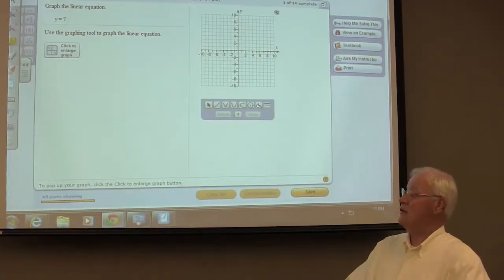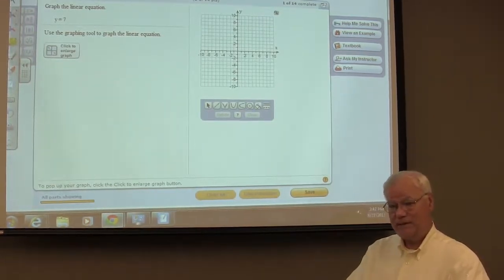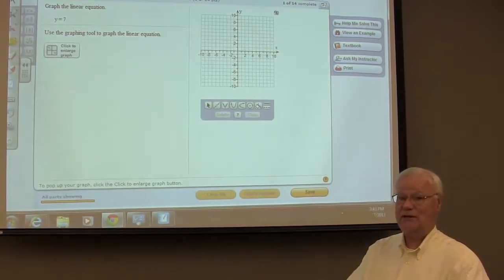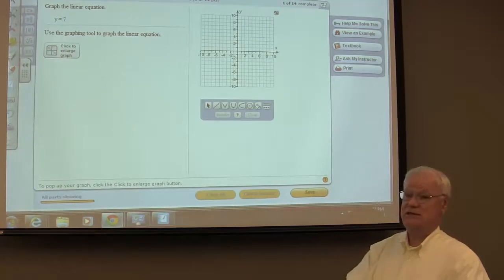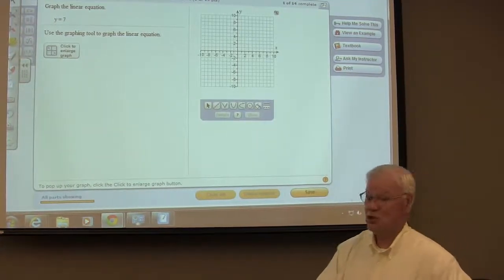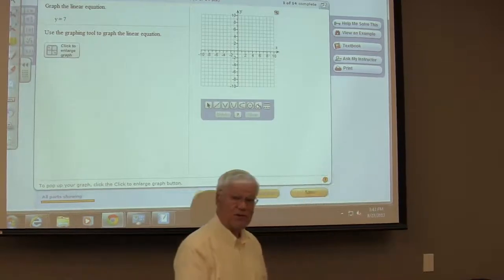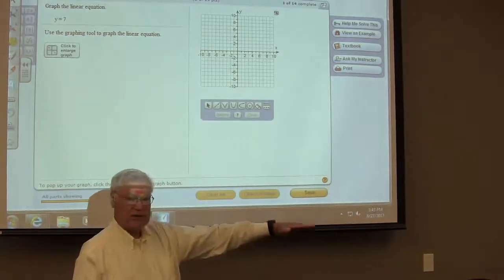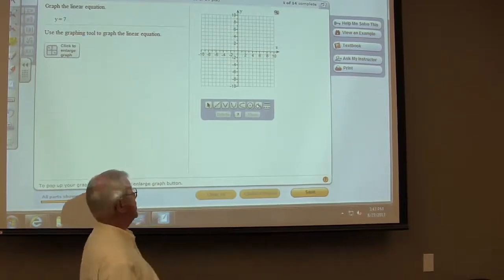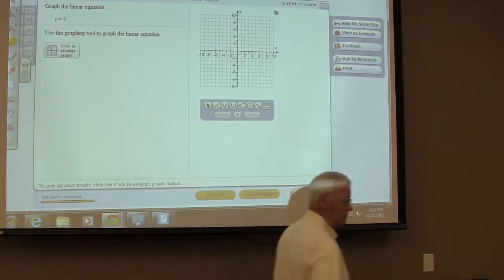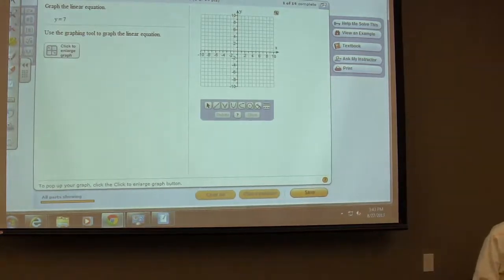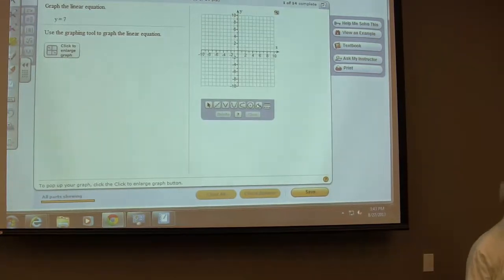Well, if m is 0, 0 times x is 0, and that term falls out. So this is a line with a slope of 0. The slope is 0, which means it's horizontal. Remember the line in the road in the desert. So in this case, we want a horizontal line, but we want the y-intercept to be b.